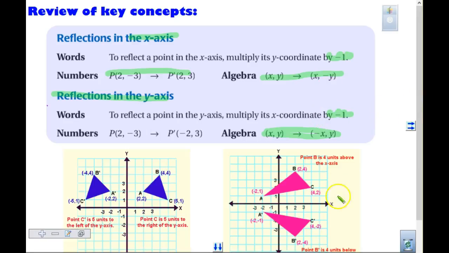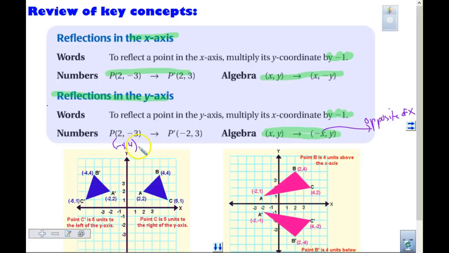I like to think of it better as even saying instead of multiplying by negative 1 is that this is the opposite of x. Because if the original x is a negative number, right? So let's put the point negative 4, 4.